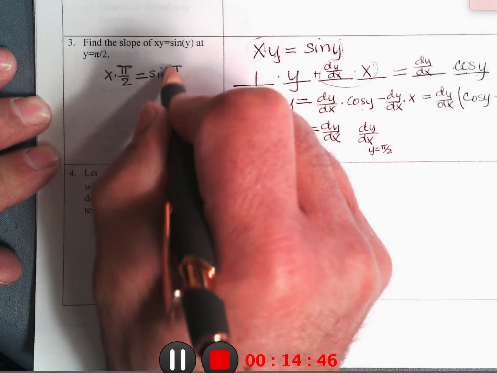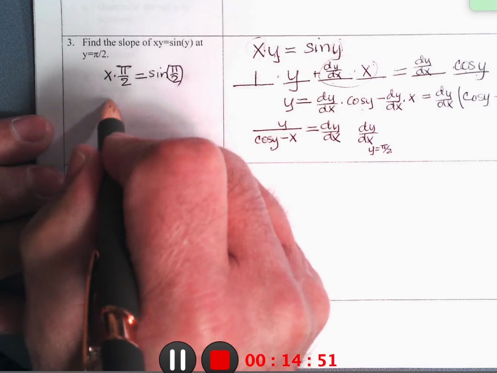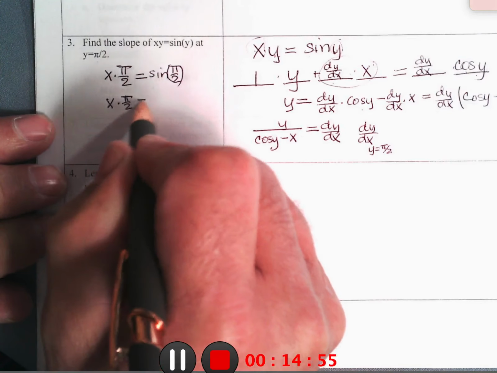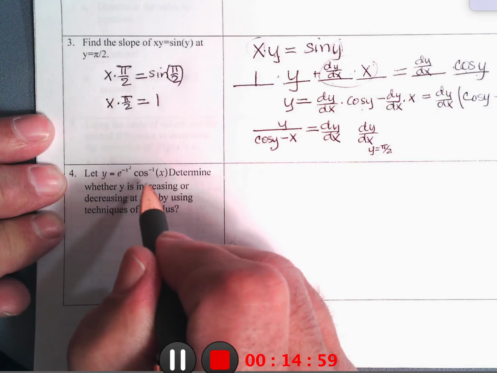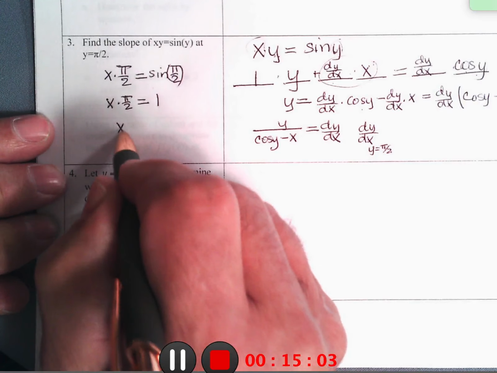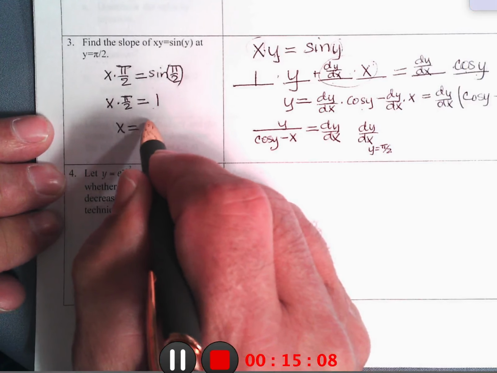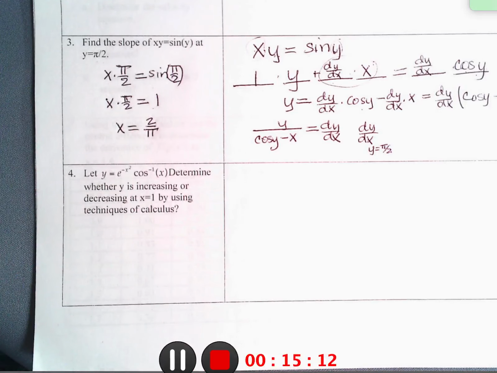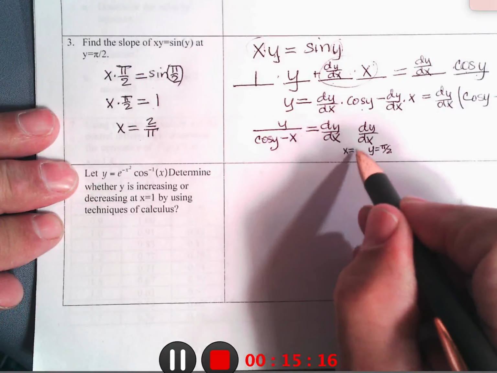So this says x times pi over 2 equals, the sine of pi over 2 is 1. So if I divide both sides by pi over 2, I get x equals 1 divided by pi over 2, or 2 over pi. So that's the x coordinate. X equals 2 over pi.